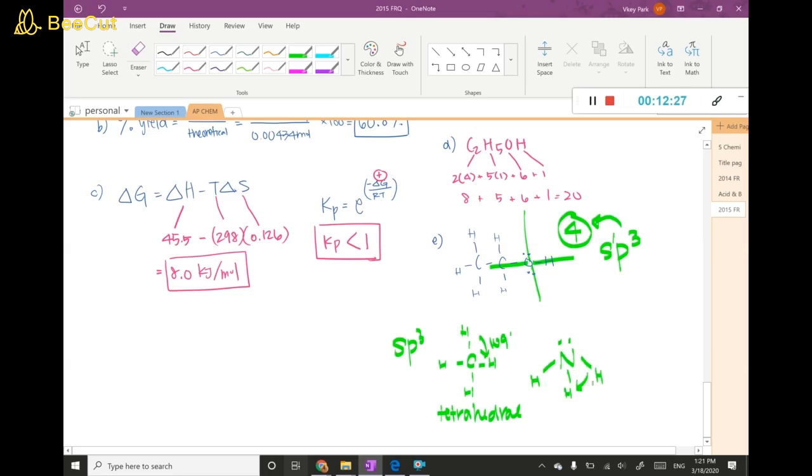So based on VSEPR theory, it's going to be a little less than 109, so about 107 degrees, and that was trigonal pyramidal, right? Okay, and then if I were to take another bond out and replace it with a lone pair, that's going to be less than that, and that is bent.